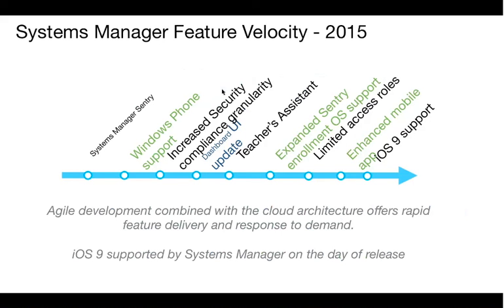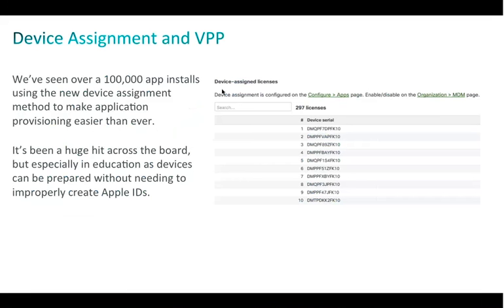And that's some of the great things that have come from the Systems Manager team, especially when it comes to taking features and pushing them forward very quickly and having them released out to the public. One of the big things that we did, of course, was device assignment via VPP, and this allowed you in iOS 9 to circumvent the necessity to have Apple IDs added to your VPP account and the headache that was managing that, and allowed you to push applications straight to devices.